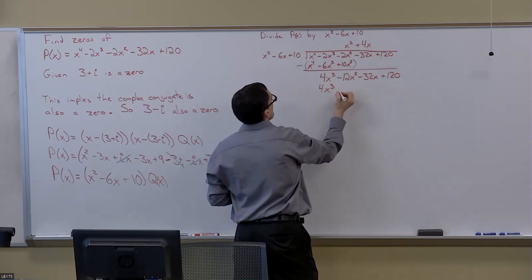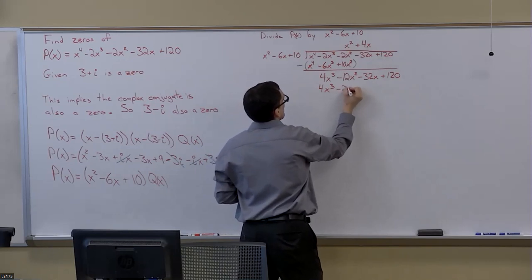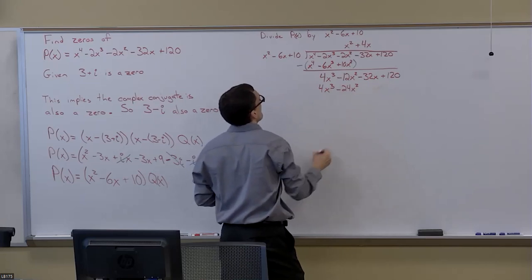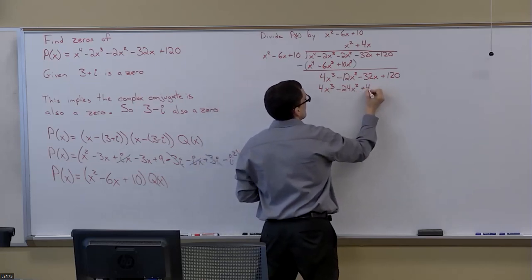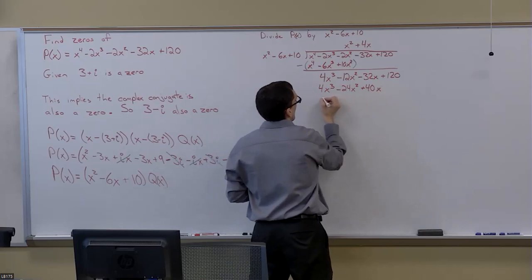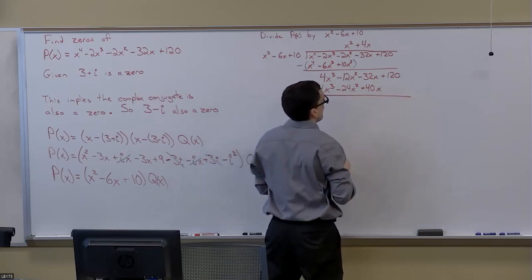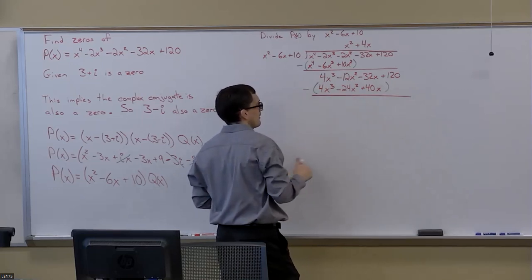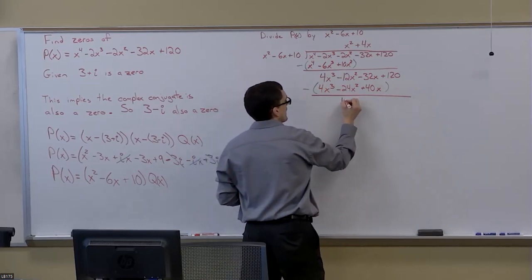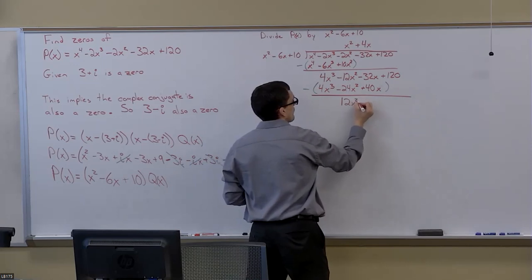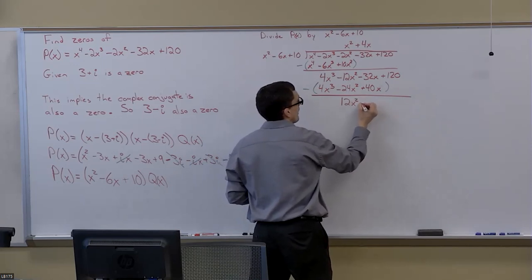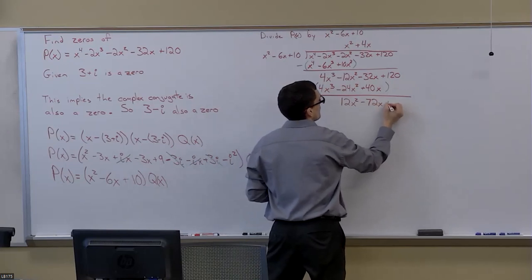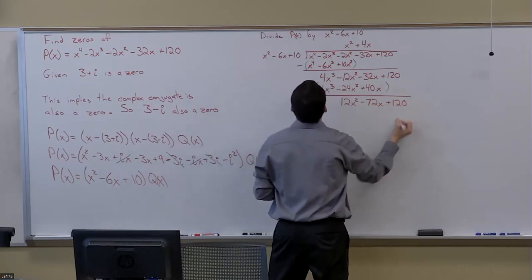4x to the third minus 24x squared plus 40x. Subtract all that. I get 12x squared minus 72x plus 120.